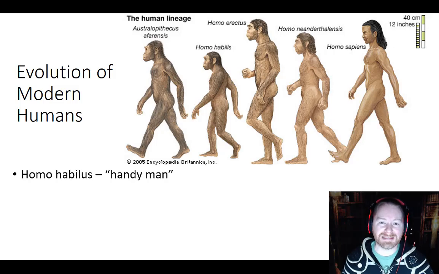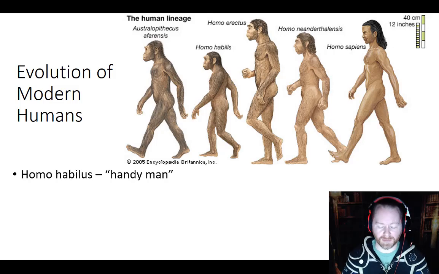While they did still put a little bit more use into their hands for mobility, they did walk on their knuckles still a little bit. They spent more time crouched down, but they also spent a lot of time working with tools. We have found at excavated sites where we find the remains of Homo habilis, there are tools around.